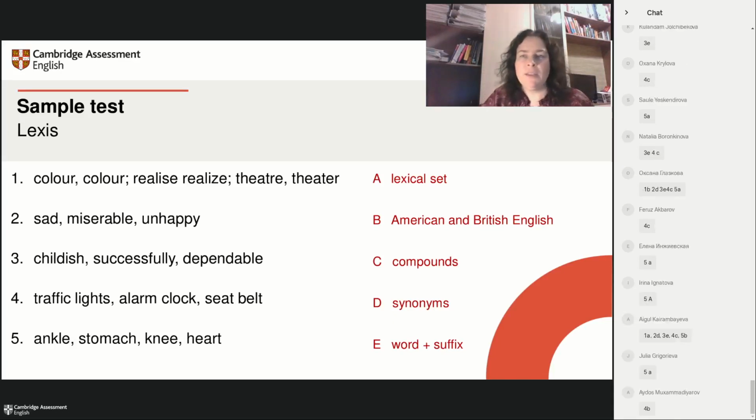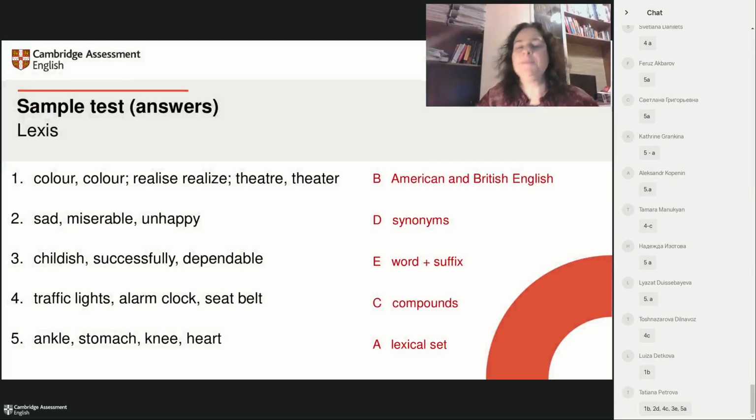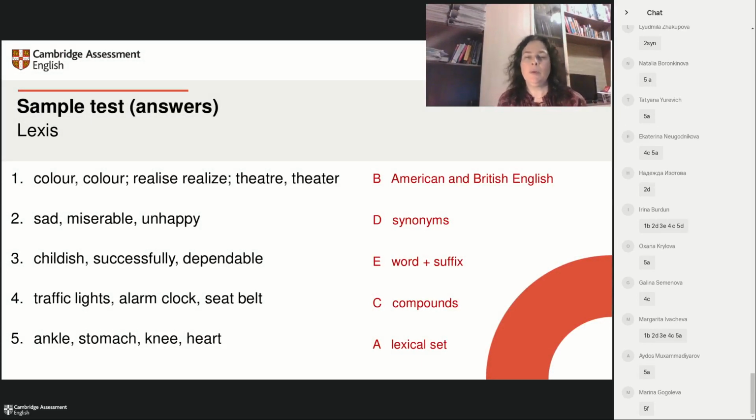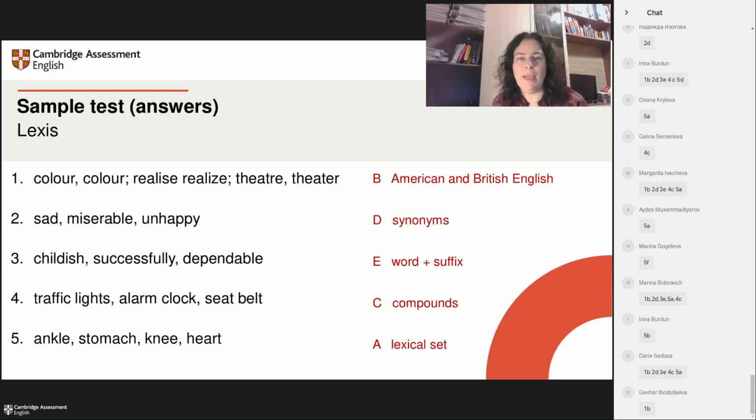Okay, so now I can see that some of you know all of the answers. I'm revealing the answers. Have a look, compare with your ideas. And if we have any questions, I'll be happy to clarify some of the things. But those are quite typical examples that might be highlighted for you, and you'll be assessed on understanding of these.